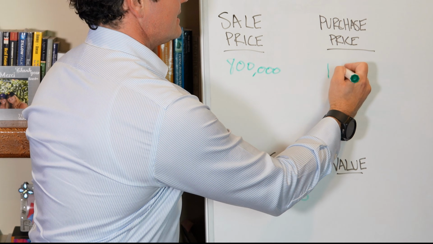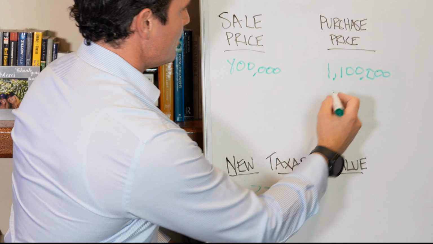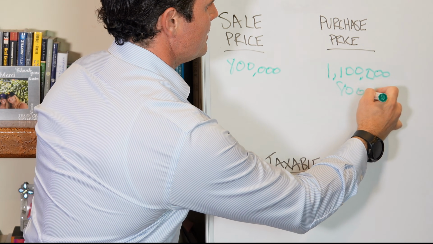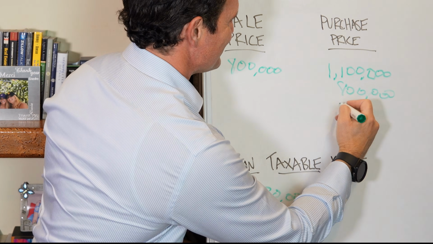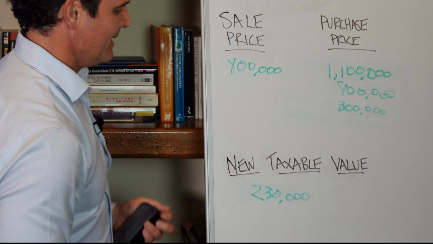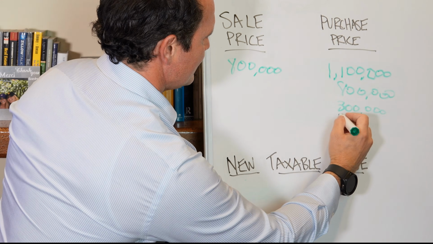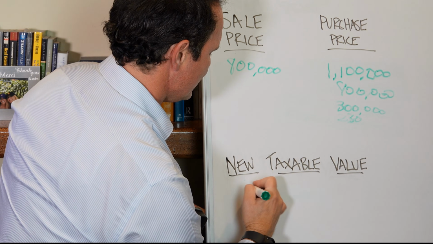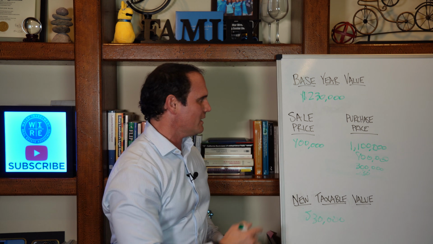So if they decide to go back to where they were, they now will owe more property taxes to get back to where they were. So now, if they do this scenario, their new taxable value will be $530,000. And that's right where they were before at the 1.1.